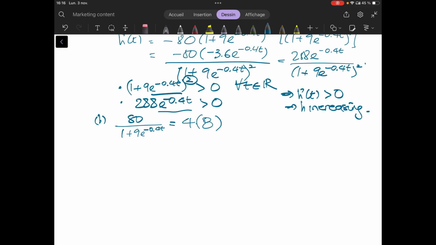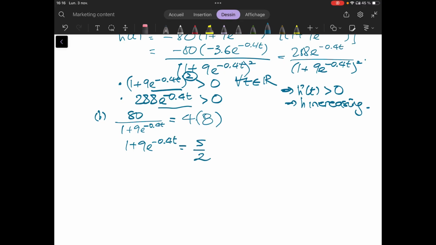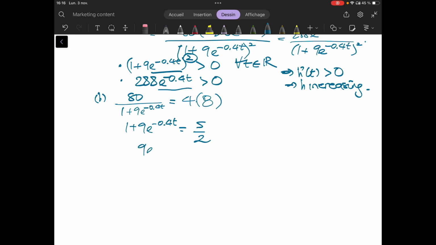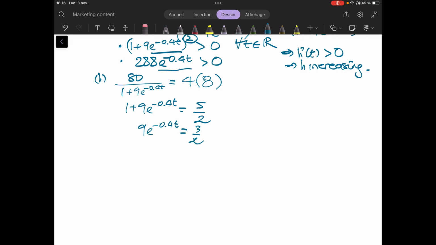And to solve this, we're just going to rearrange this equation a little bit. Solve for t.